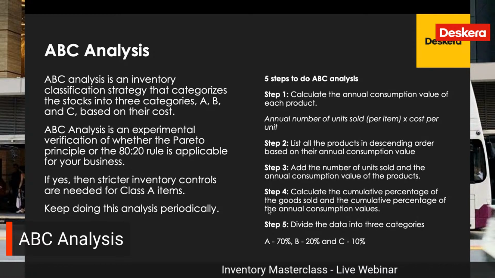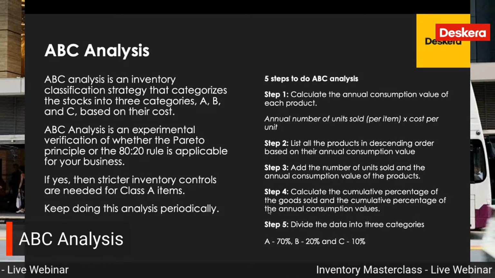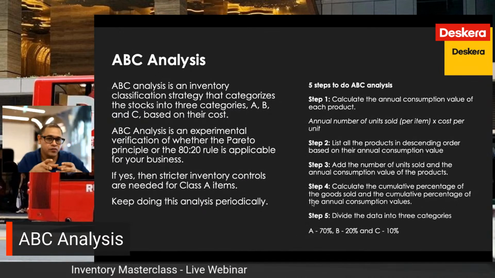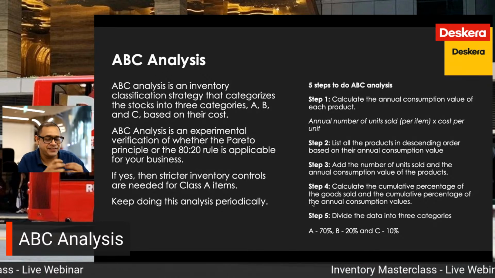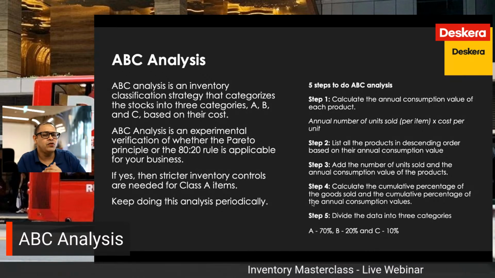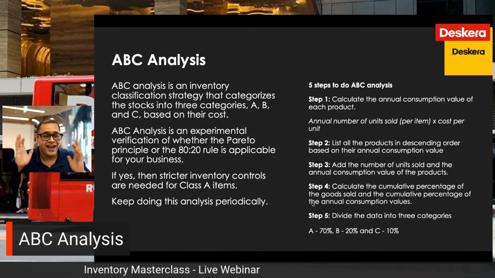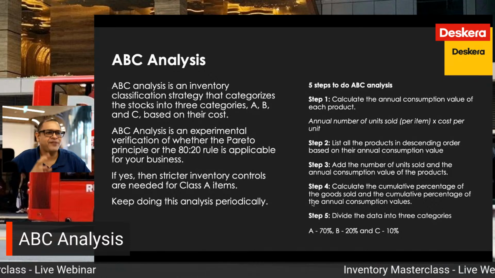It's an important first step, because this gives you an indication of what your most valuable products are. And for those products, you would want to have stricter inventory control procedures in place. Now, why do we need to do this classification in the first place? Because everybody has limited resources. Nobody has infinite resources, infinite time, infinite money, right?